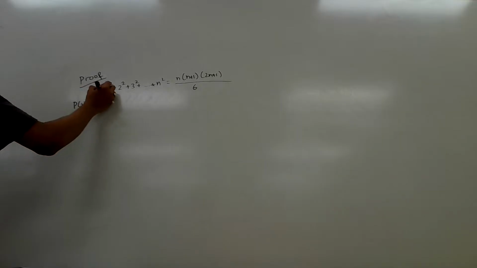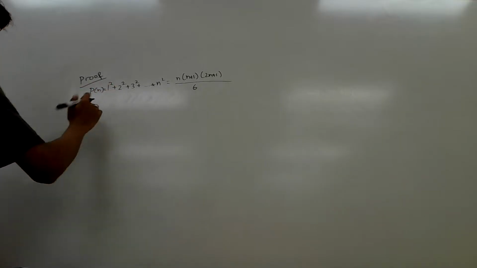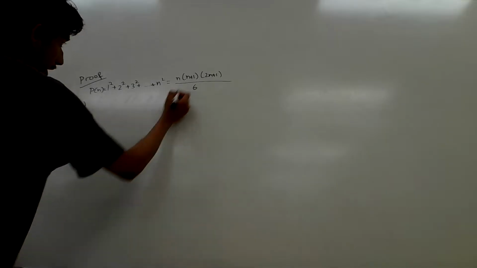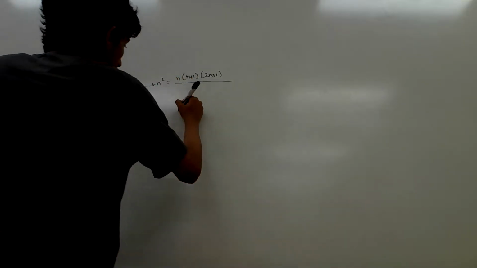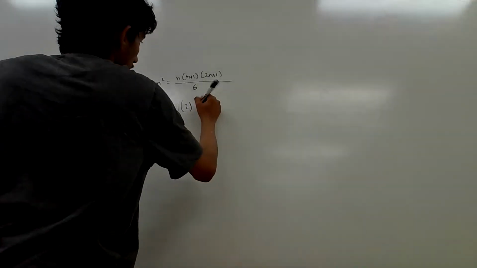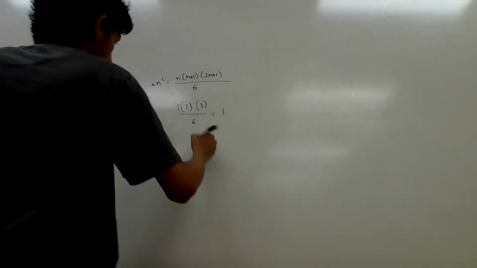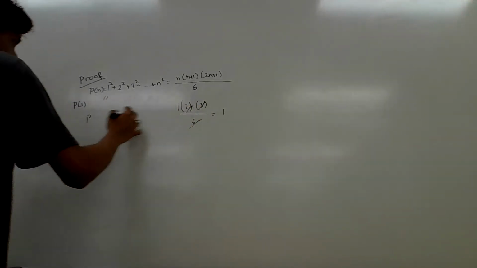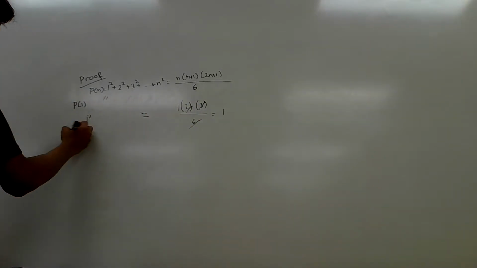This is p of n. P equals 1 would be proved as 1 squared, and you put n equals 1 for this. So you get 1, which is proved for p equals 1. So p equals 1 holds true.